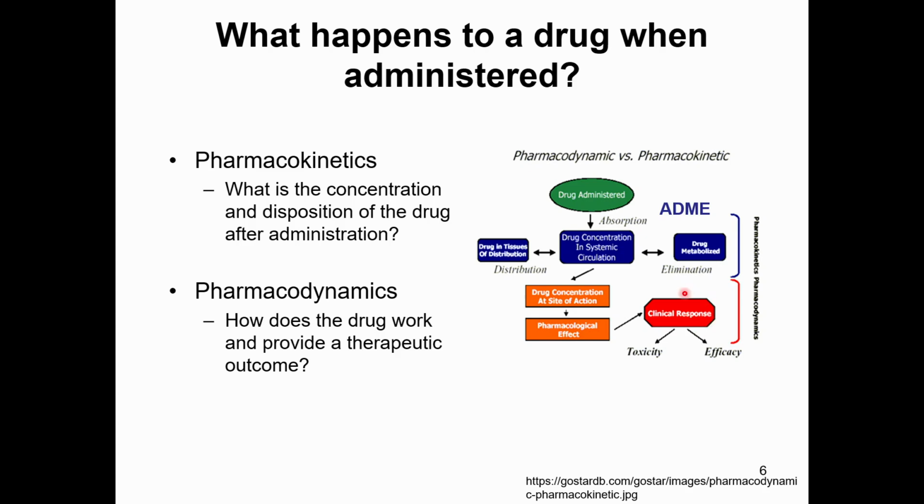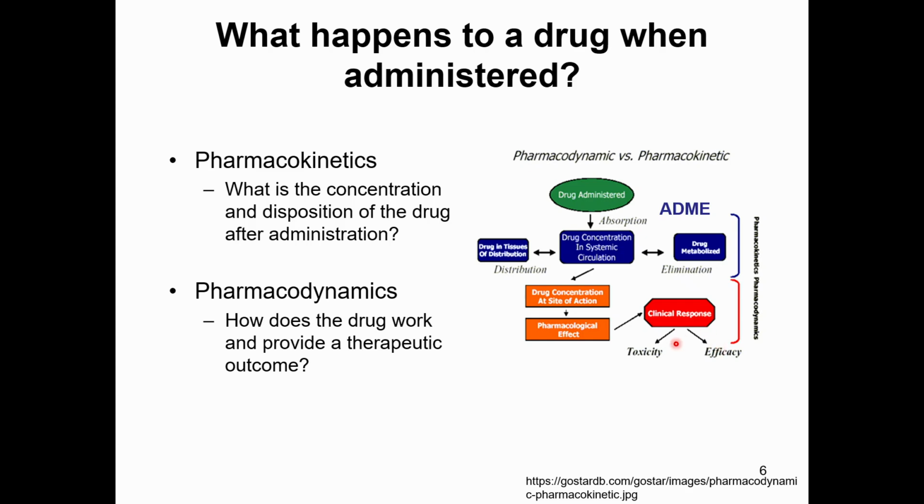And of course, we're interested in two terms, efficacy and toxicity. Efficacy means how well the drug works to do its intended job. We'll spend another lecture entirely on that topic later on, in a couple of weeks. How the drug works and how well it works are both in the realm of pharmacodynamics. But we also want to understand the toxicity of that drug.